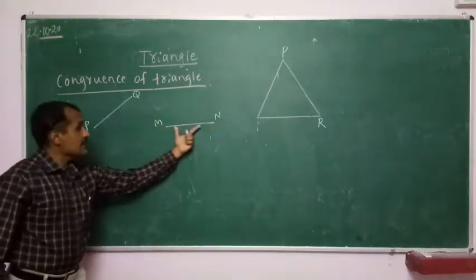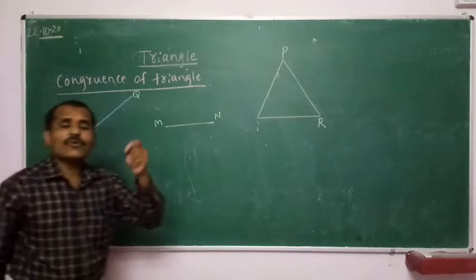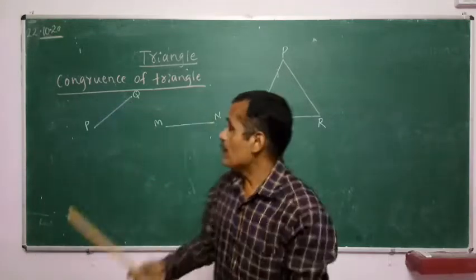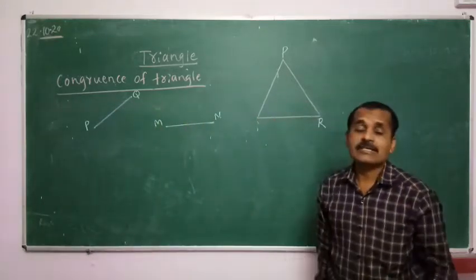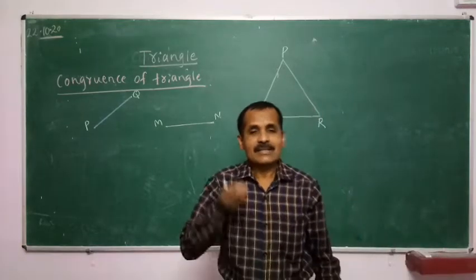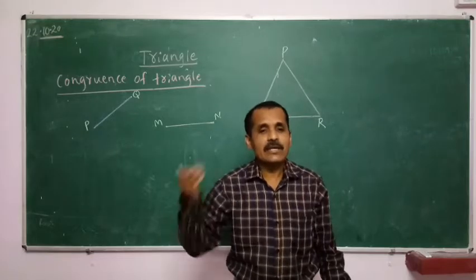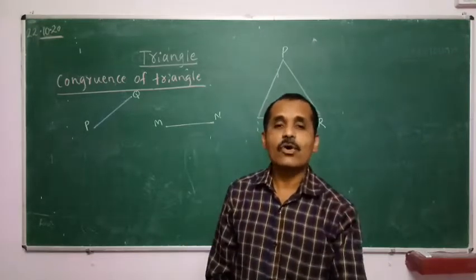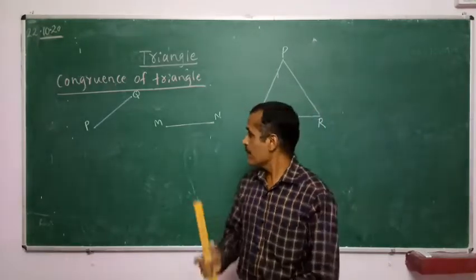See, these two line segments have equal length. We can call them congruent line segments. What do you mean by congruent line segments? Line segments whose lengths are equal are called congruent line segments.